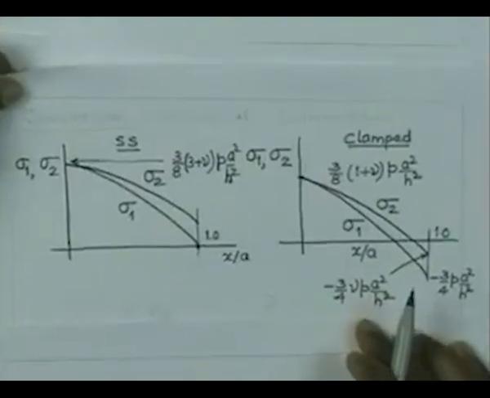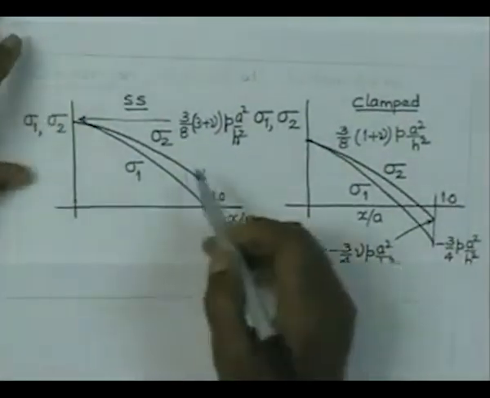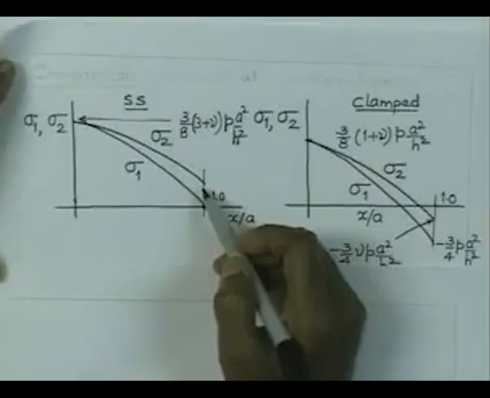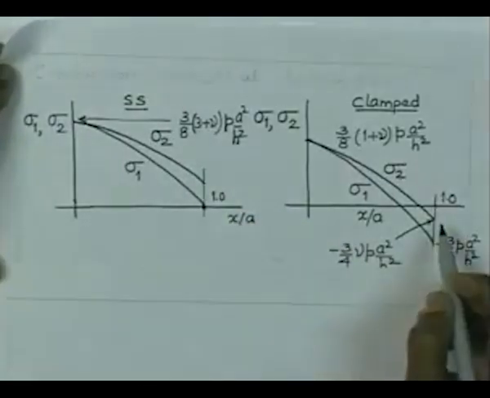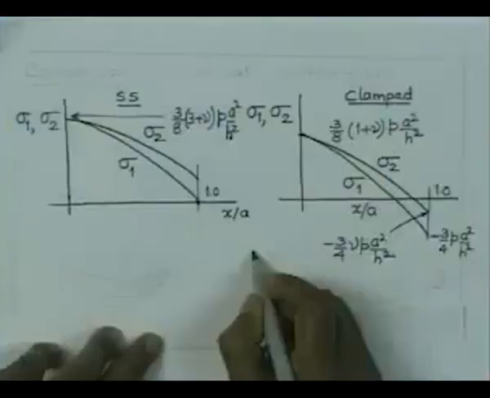Now, let us try to understand why the stress here is going to be positive, whereas these stresses are going to be compressive in the case of clamped plate. This can be understood even from the physics of the problem. For that, let us consider again the plate.